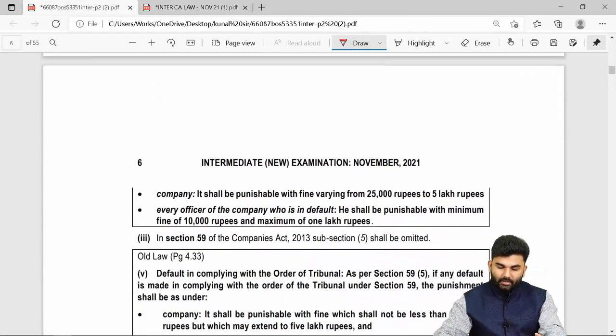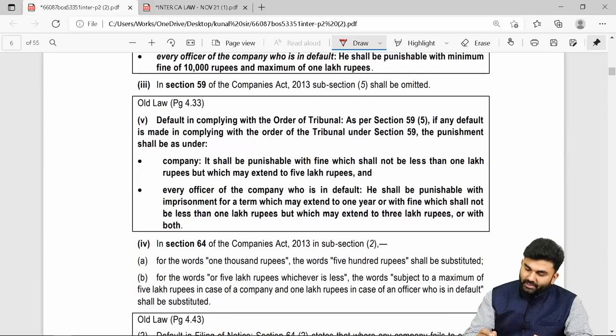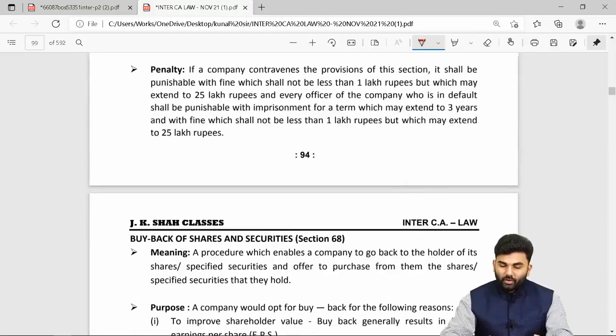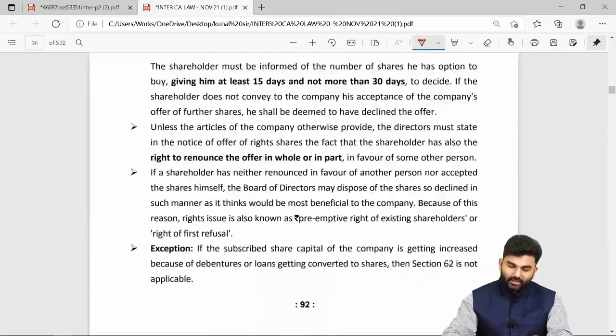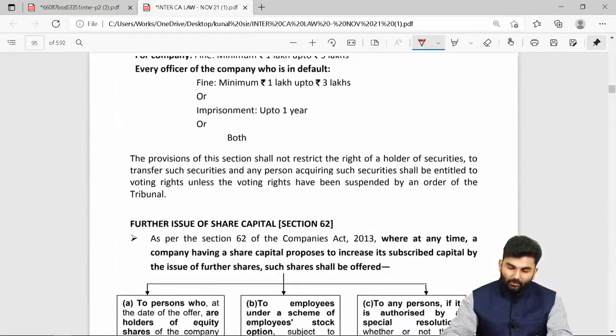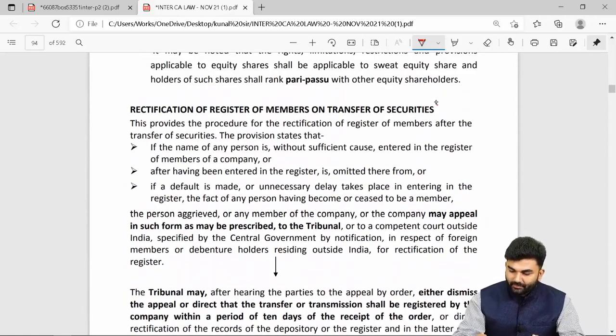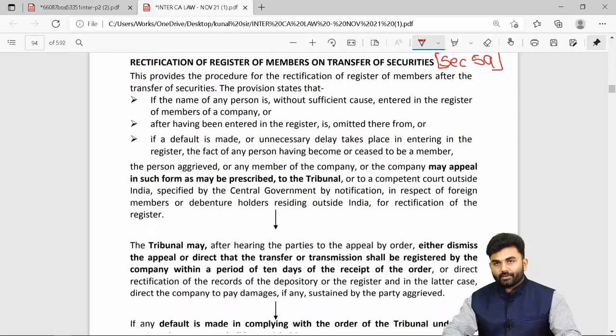Okay. The next change is towards the provisions of section number 59. In your JKS's textbook, you will come across the provision of section number 59 on page number 90. That is about rectification of register of members on transfer of securities.